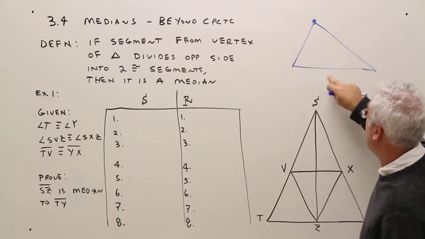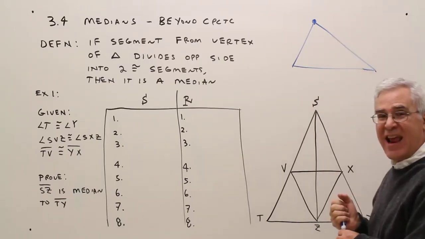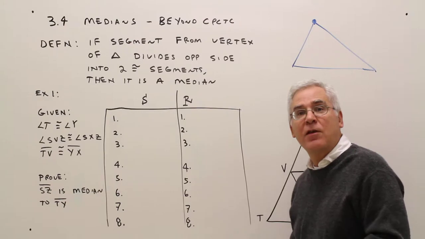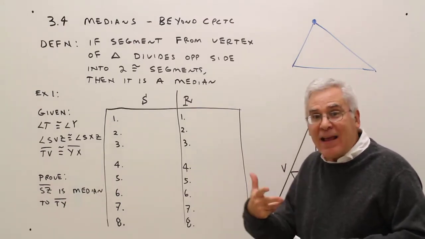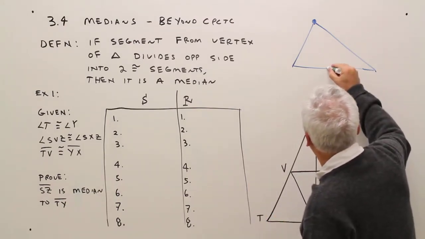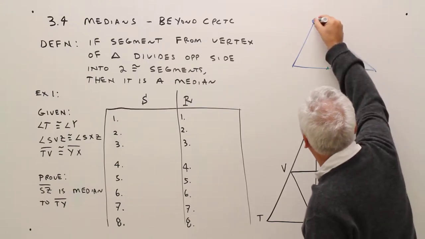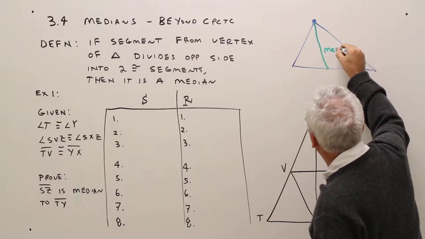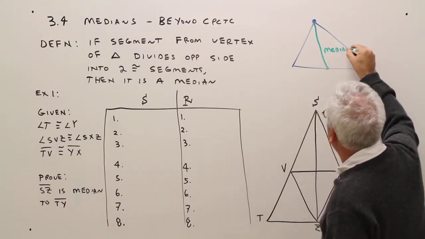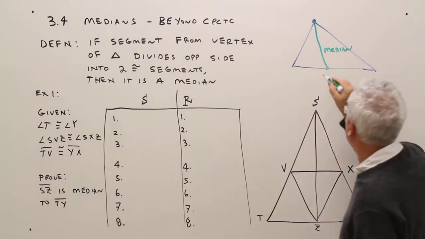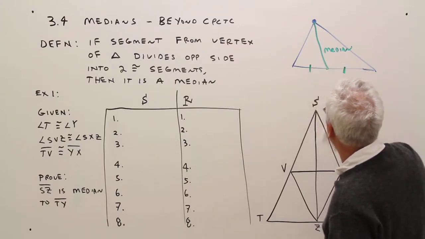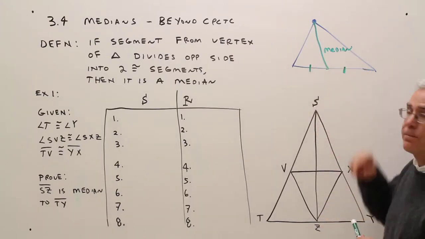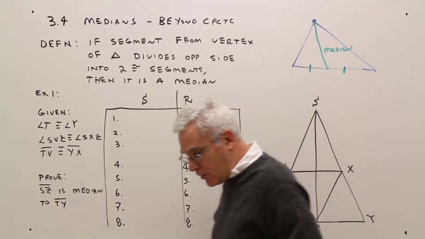Well, then the opposite side would be over here, and the segment's got to divide it so the opposite side is bisected, basically. So it would have to go somewhere like that. So that would be the median. And if I wanted to show that visually, I could say tick mark, tick mark. Okay, so that's the definition in a picture.